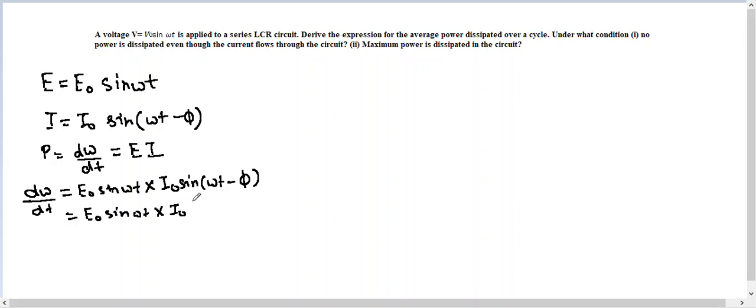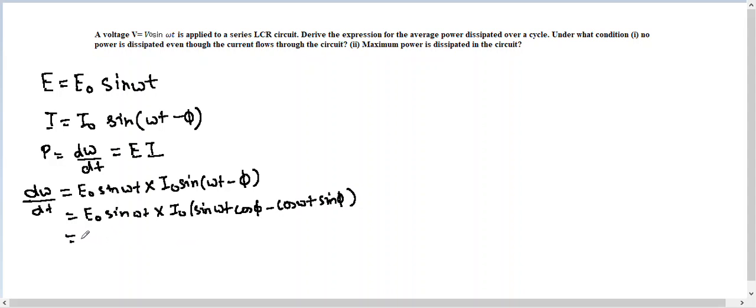I am opening up the brackets for sine a minus b, which gives sine of omega t cos phi minus cos of omega t sine phi.